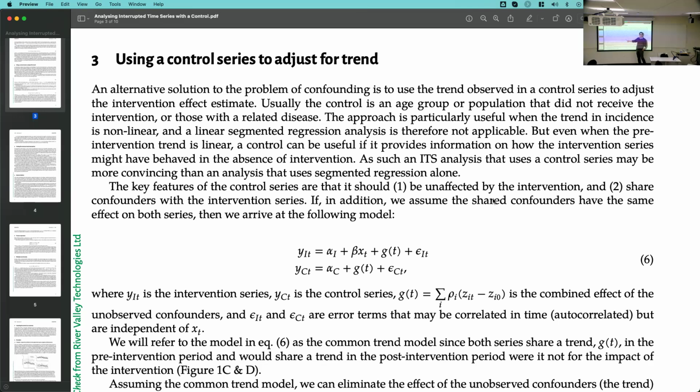So obviously the control group does not have the intervention, by construction, but it has all the same other things. What is G? G is the combined effect of unobserved confounders. Basically everything else except the intervention that you have in both cases. And whatever is left over is the error term.